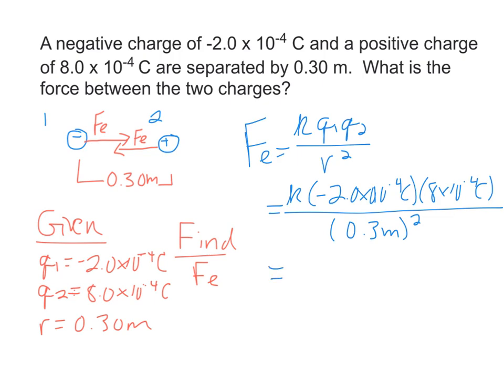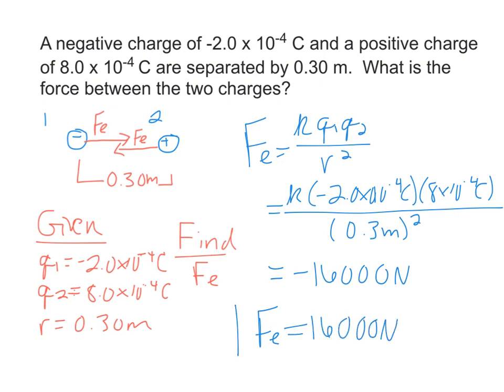This is going to come out to negative 16,000 newtons. And again, we're only caring about the magnitude of the force, so the electric force equals 16,000 newtons. It had two sig figs, so nothing to round here.